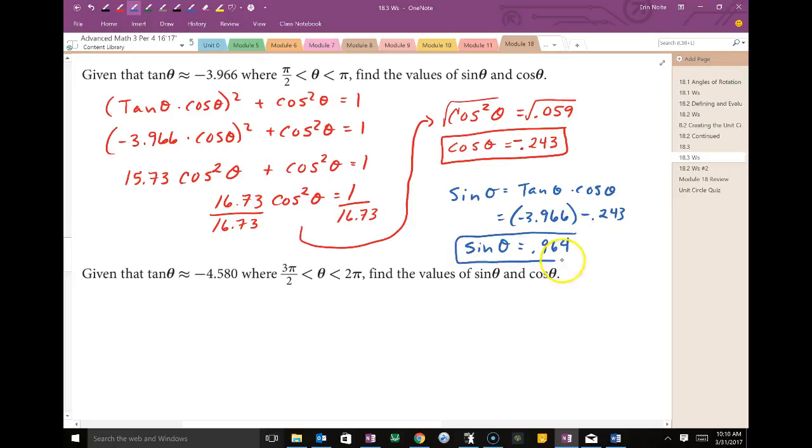You do get different answers? Oh, because of the rounding. It will be slightly different. If we used exact values all the way through, it should be equivalent. But every time we round and use a rounded answer, they're going to be a little bit different. How far would you usually go?